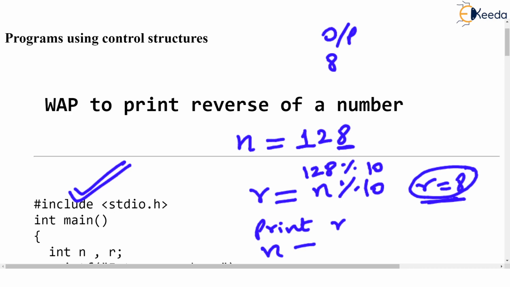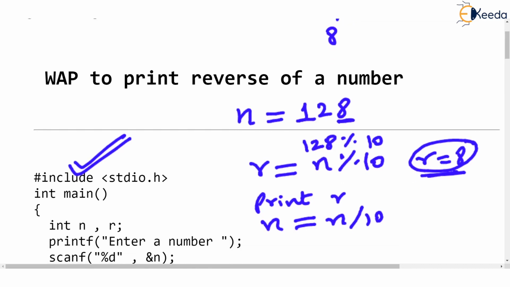N should change. We are saying n should become n divided by 10. Now, applying the value of n here on the right hand side, n is 128 divided by 10. Remember, it's not 12.8 because both here n and 10 are integers. So 128 upon 10 is 12, and that 12 is stored by n.